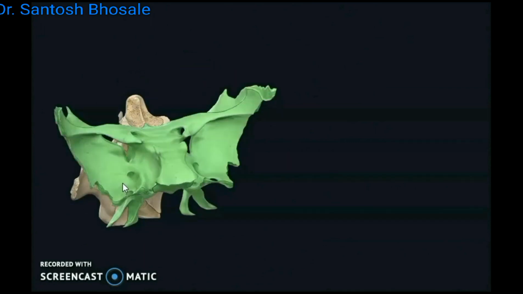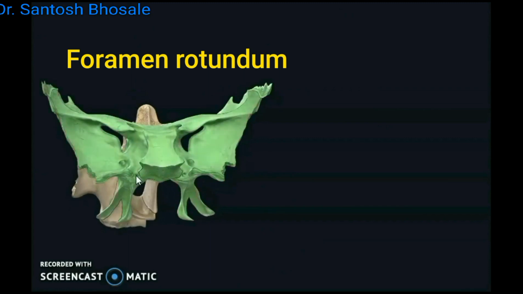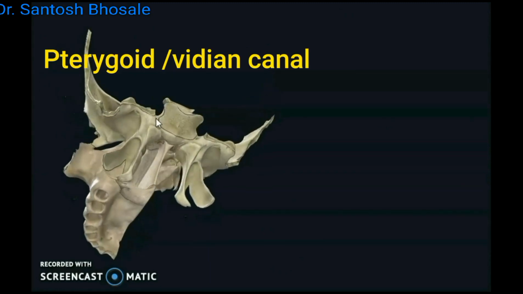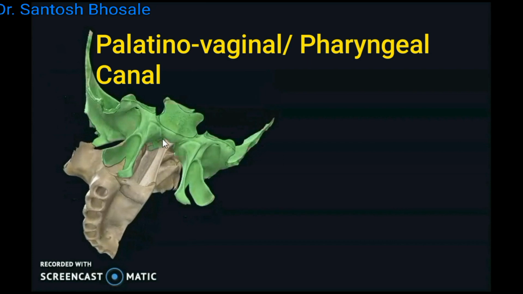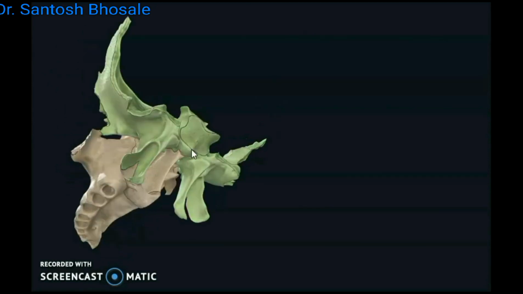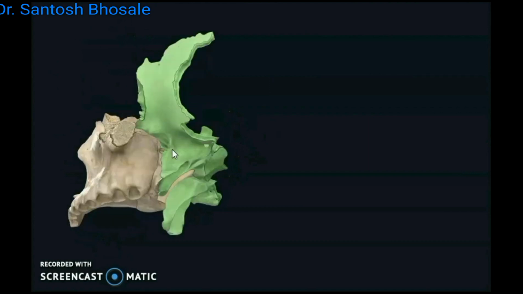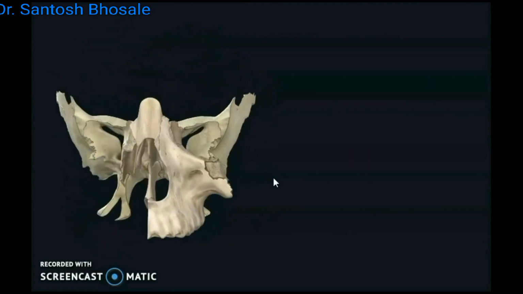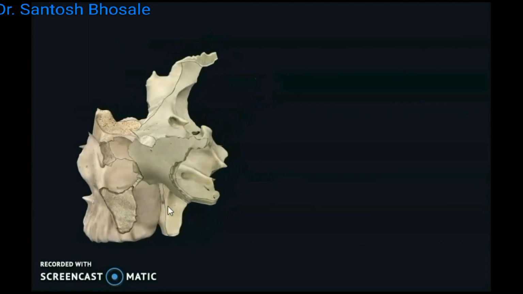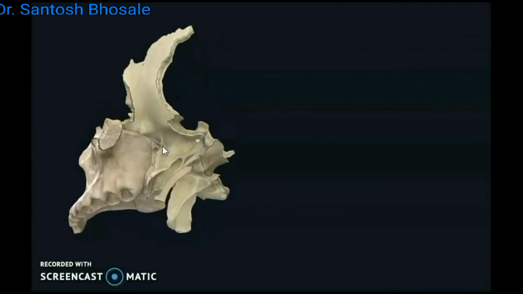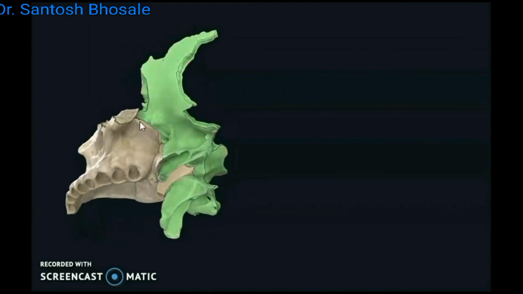Yeah, that is the foramen rotundum, and just medial and below to it, inferomedial, you will see the pterygoid canal, and inferomedial to that you will see the palatovaginal canal. From lateral to medial: foramen rotundum, pterygoid canal, and palatovaginal canal. In the medial wall, sphenopalatine foramina, and here anterosuperiorly, if you turn this, that is the inferior orbital fissure.